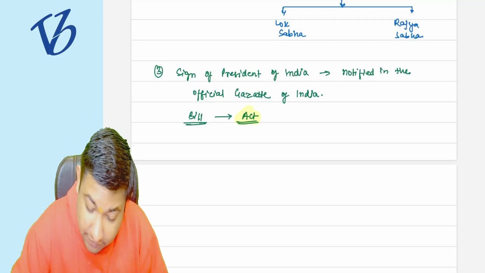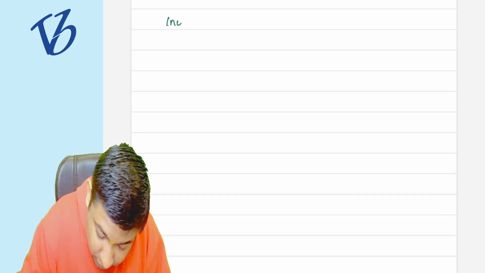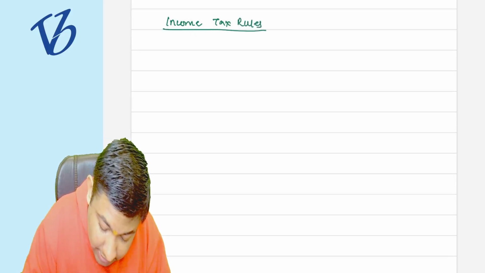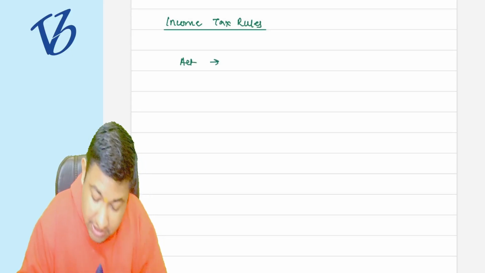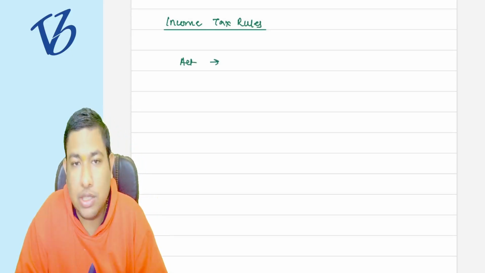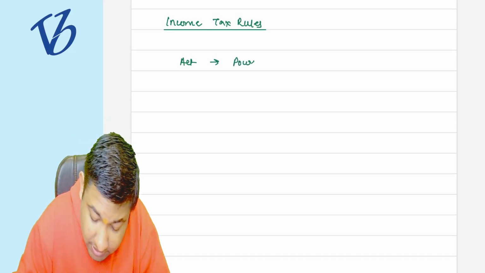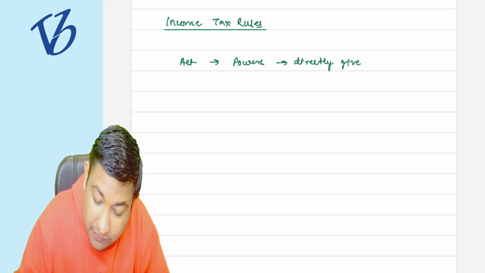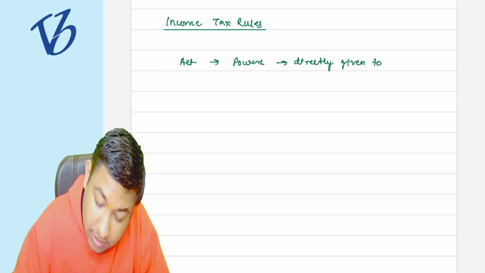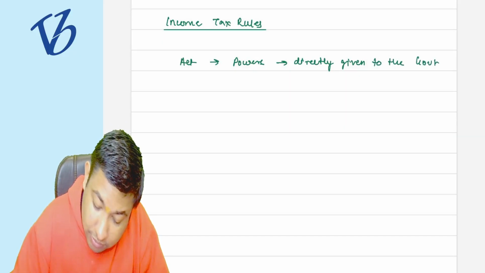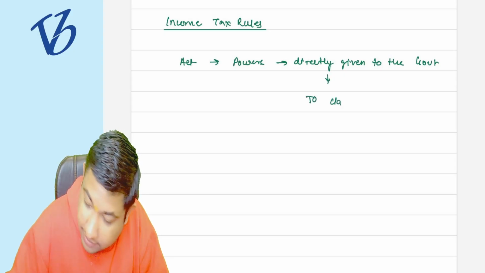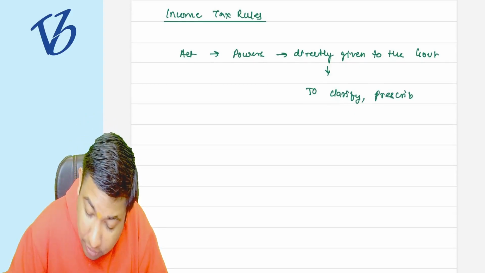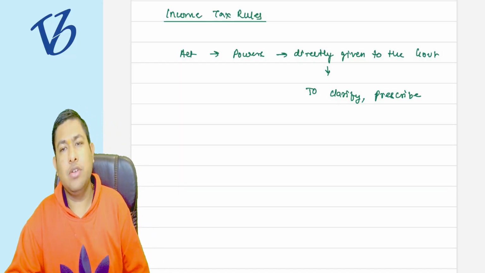In certain cases, in the act itself, there will be some powers given directly to the government or the authority, to clarify things or to prescribe something. Why are these powers given to the government directly?